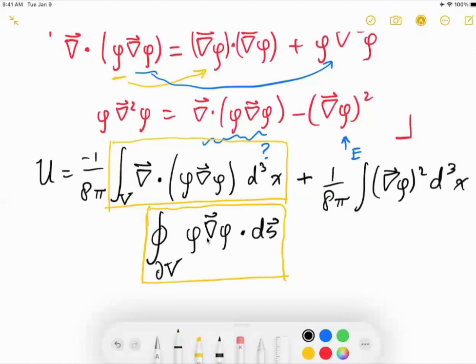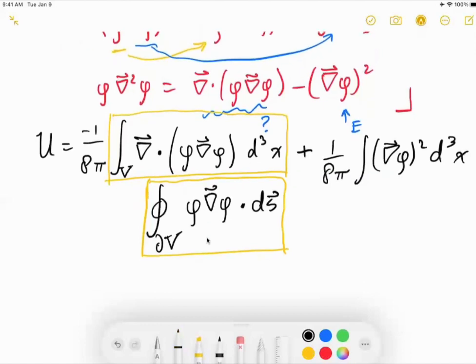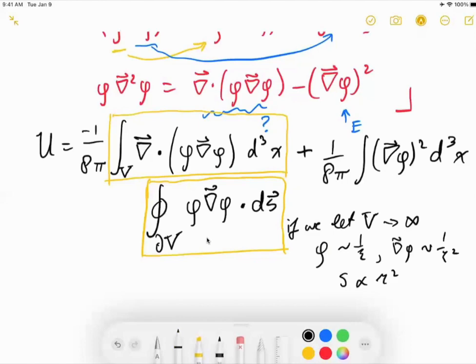Now, if we let V go to infinity, we know that phi goes like 1/r usually, and the gradient of phi will go like 1/r squared. And we know that the surface area will go like r squared.